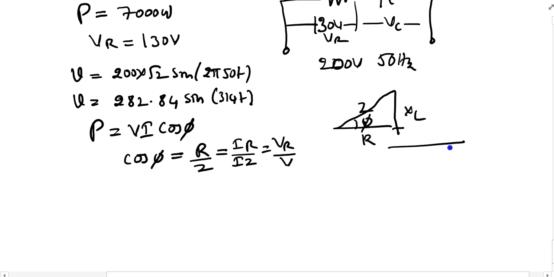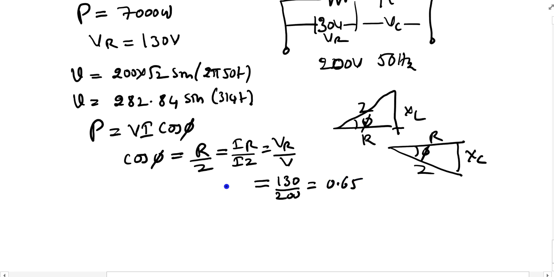If it is my other triangle, the impedance triangle, then this is Z, this is XC, and this is R. So this is phi. These are the different angles we have. So what is cos phi? What is VR here? This is 130 by 200. If you do it, you get 0.65 for cos phi.